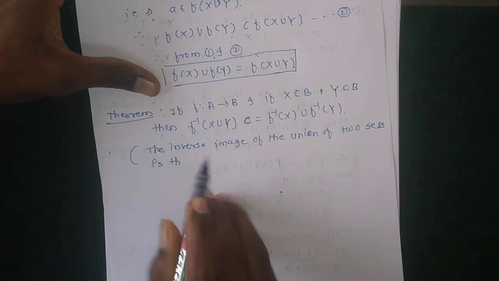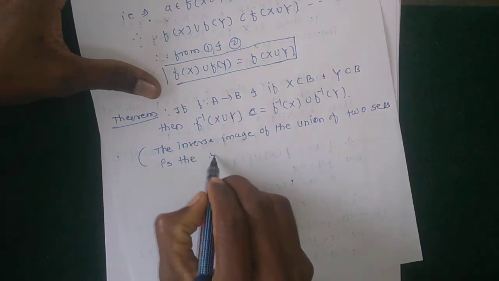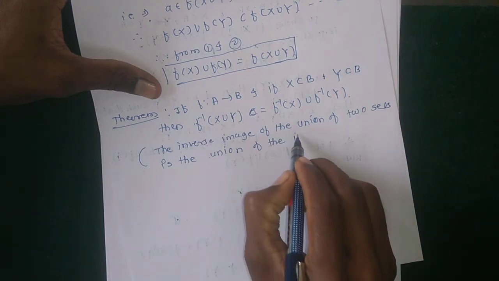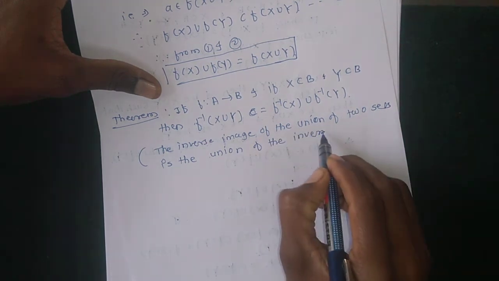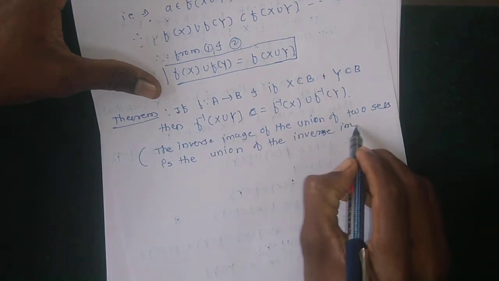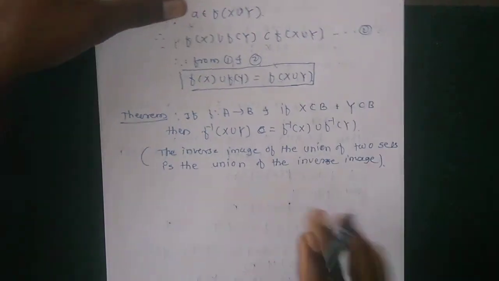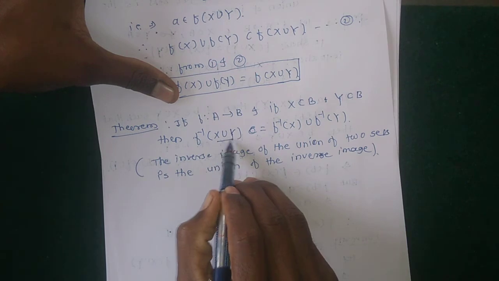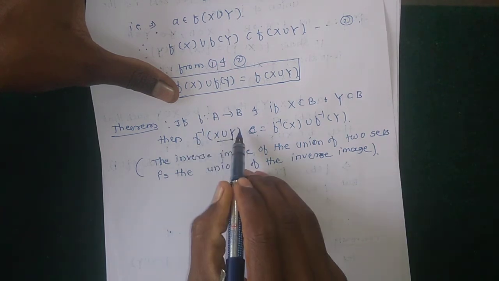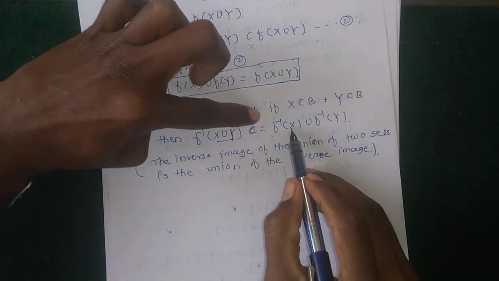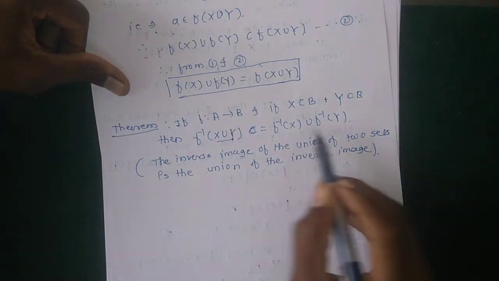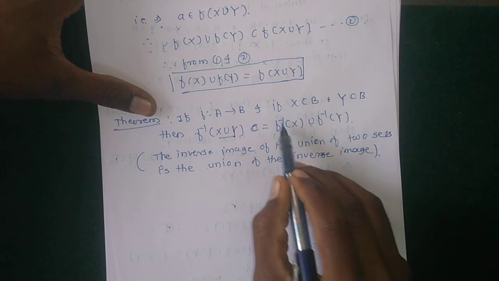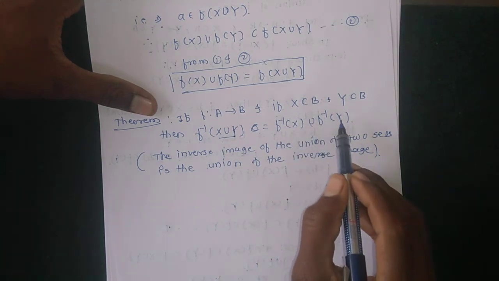The inverse image of the union of two sets is the union of the inverse images, which means the union of the inverse image of X and the inverse image of Y.